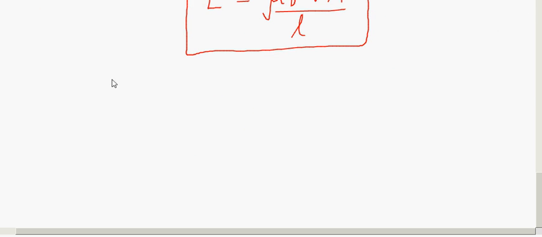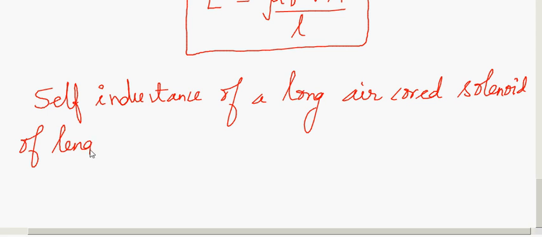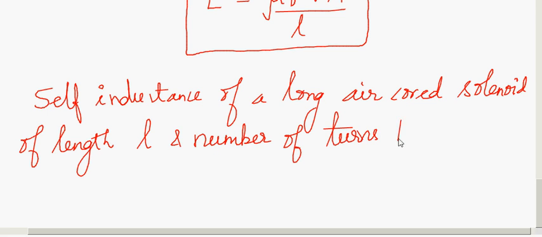So finally you can write the self-inductance of a long air core solenoid of length L and number of turns N is L equal to mu naught N square A by L.